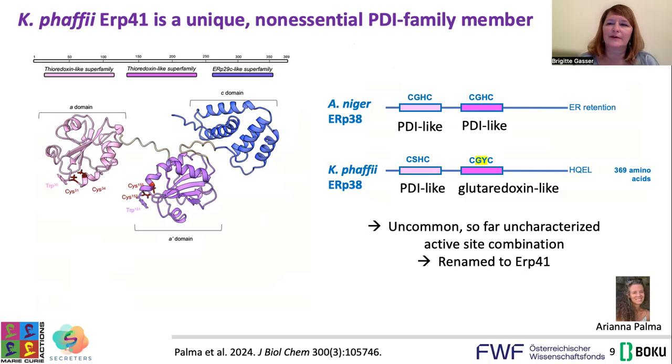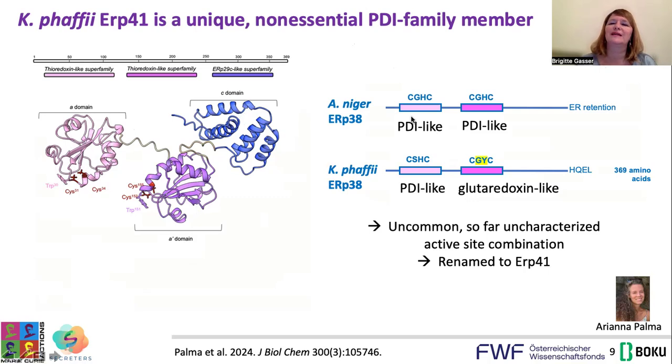The second one that Ariana looked at was ERP38, or actually what we thought is an ERP38-like protein. It has two thioredoxin-like domains, an A and an A prime domain, and an ERP29-like C domain that is characteristic for ERP38.